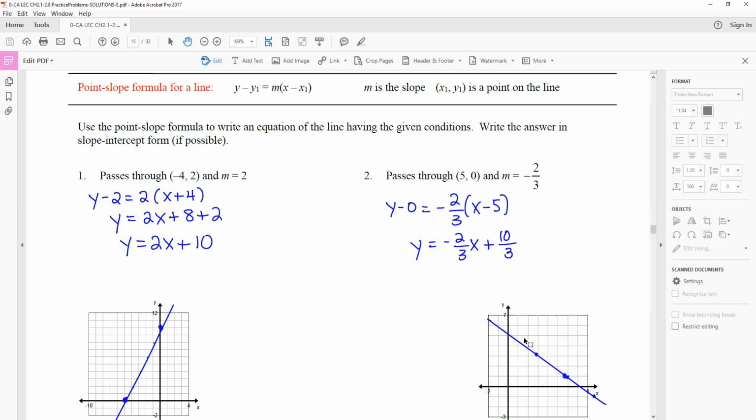Unfortunately, I can't correct it with my pen on a PDF. So in this particular case, I don't know, maybe I can. Let me try something.